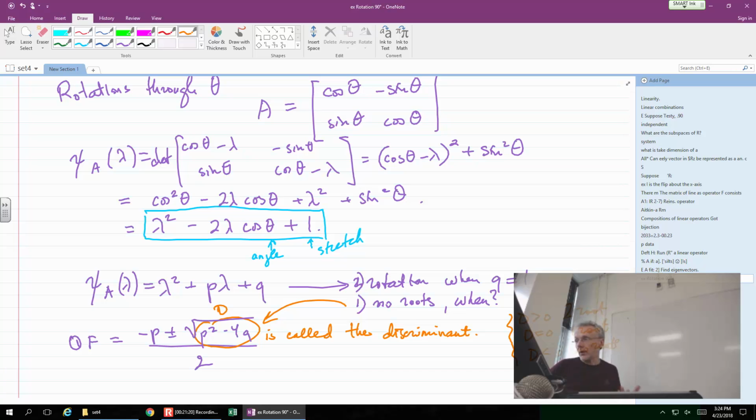So that's that. Every time we have a polynomial, or a linear operator, this is a very simple way of telling whether or not there are roots, and therefore we can tell without doing any other work whether or not there is a rotation.